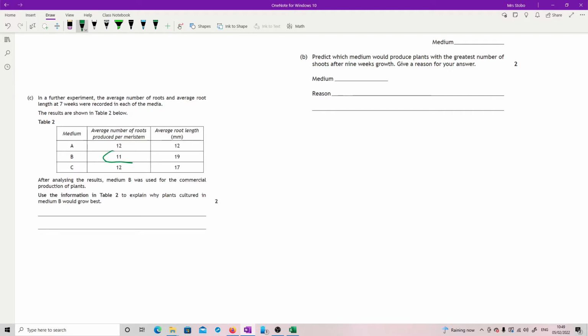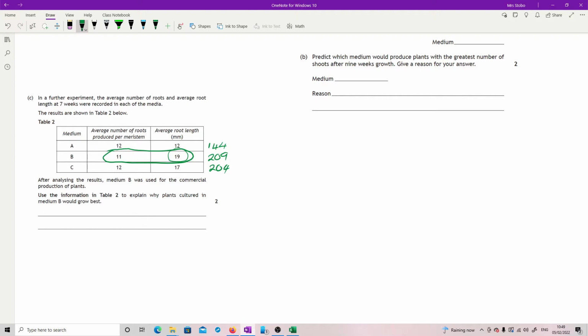Okay, so here is medium B. So they produce fewer roots, down by 1, but they have a substantially larger root length than A, and a little bit bigger than C. If you wanted to check, which I did just to make absolutely certain, if I multiply these together I get 144, multiply these I get 209, and multiply that I get 204. So I have, in medium B, the greatest root length on a plant.